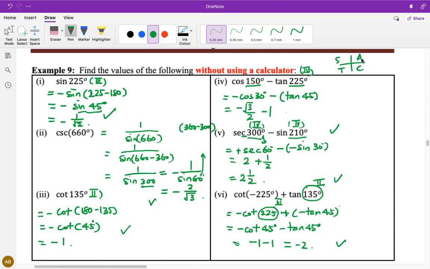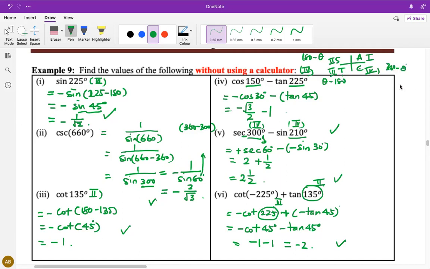That means in the first quadrant all are positive, in the second only sine is positive, in the third tangent is positive, and in the fourth cosine is positive. You need to know that in quadrant number 2 the reference angle is 180 minus the angle given, in quadrant number 3 it is the angle given minus 180, and in quadrant number 4 it is 360 minus the angle given.